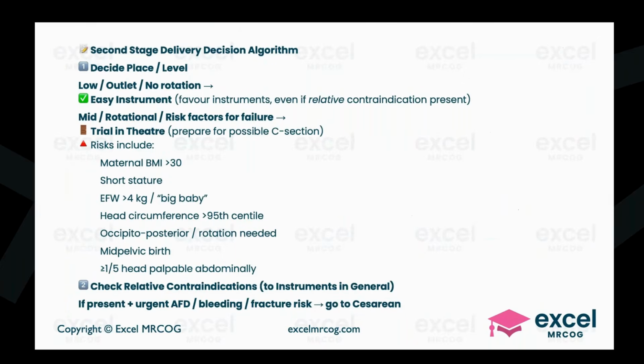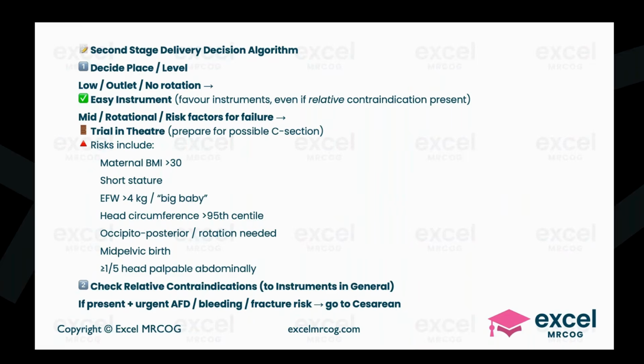Now, the first thing we are going to see is if we are going for an instrument, are we in low outlet with no rotation? Low outlet, no rotation, so it cannot be a rotational low, which also becomes categorized as slightly more difficult, because if you are putting Kielland's, you're not going to do it there.